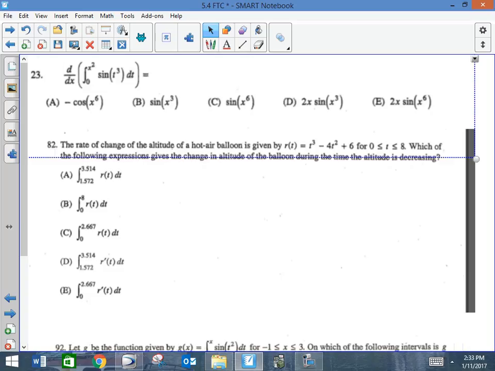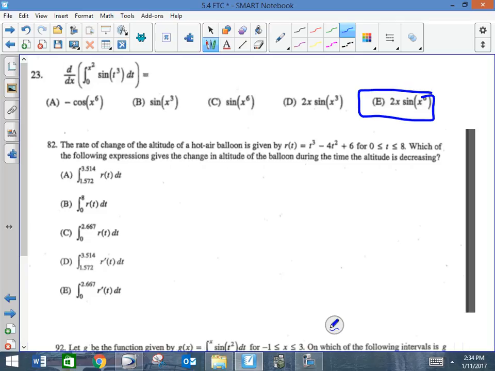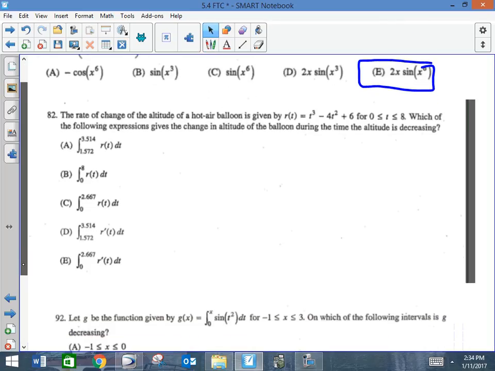Yes, let's do the first one. Okay, which is it? E. You take and put your x squared in for t cubed, you get a 6, and then times 2x squared. Those are very simple, but because we haven't had to think about it, it's one of the first things we forget.